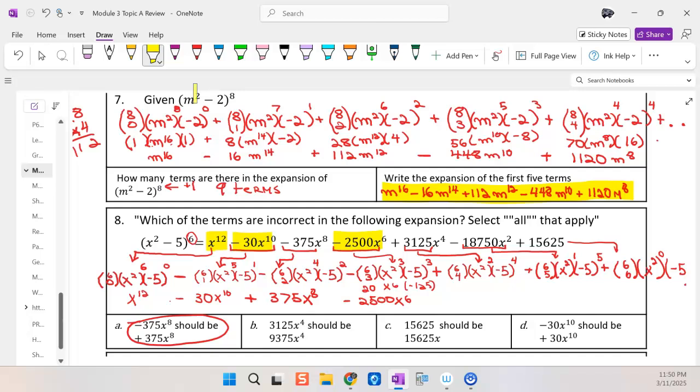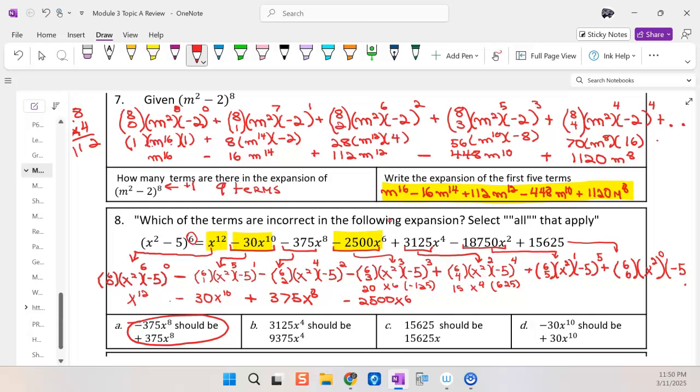All right, 6 choose 4, that's 15 x to the 4th, and negative 5 to the 4th is positive 625.